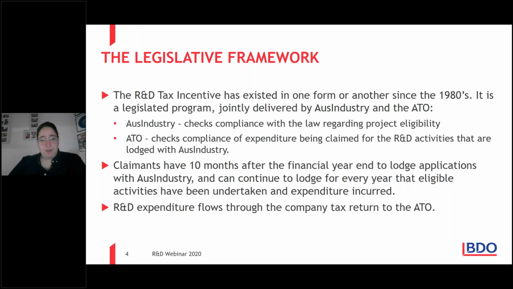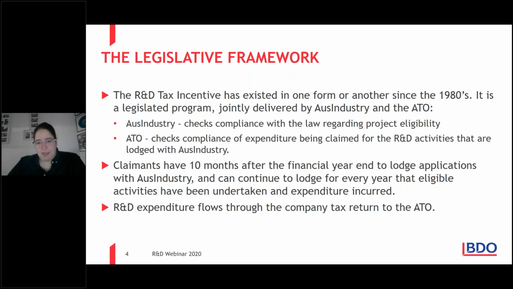So in terms of timing, you've got 10 months after the end of your financial year to lodge your application with AusIndustry. At the moment, because of what's happened with all the bushfires, with COVID-19, the government has given an extension for FY19 claims.